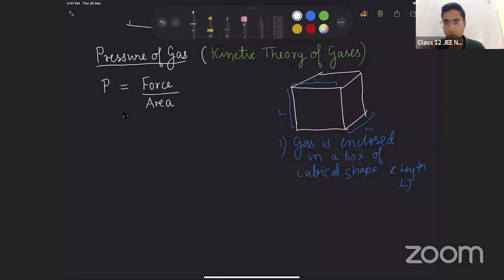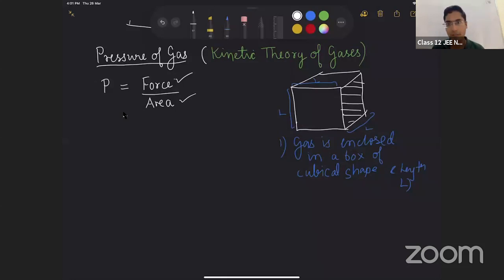Now, if I want to find out the pressure of the gas, we just saw that pressure is force upon area. So we have to now choose one area. We will choose one wall of the box. Let's say in the room I'm sitting in, there are gas molecules hitting every wall, right? Those are the gas molecules that create a pressure. Now to compute this pressure, I need to know both the force and the area.